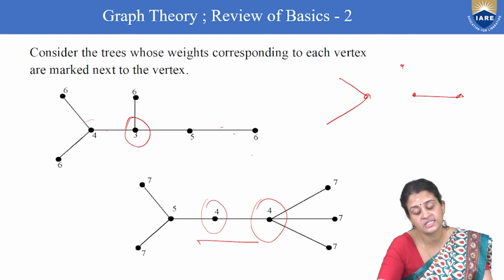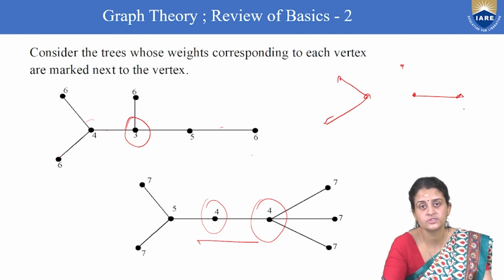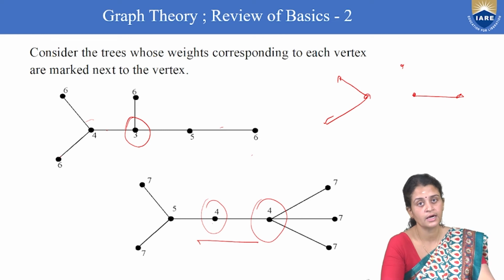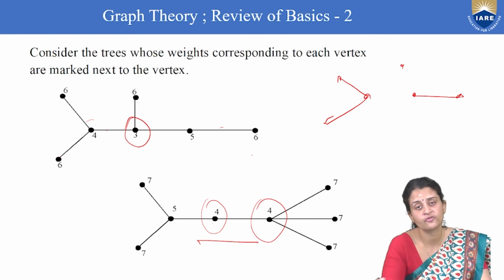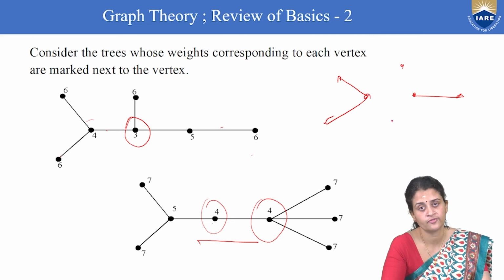How many vertices in each component? Here it is 3, here it is 1, here it is 2. The number of vertices in each component is less than half the number of vertices in the original graph.